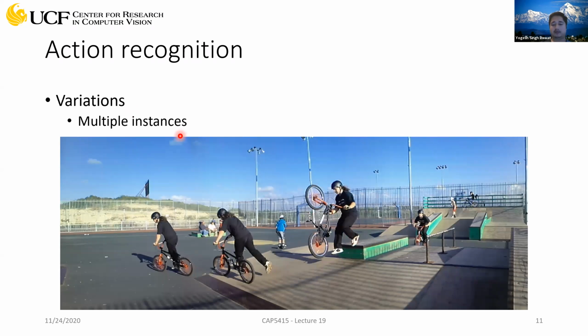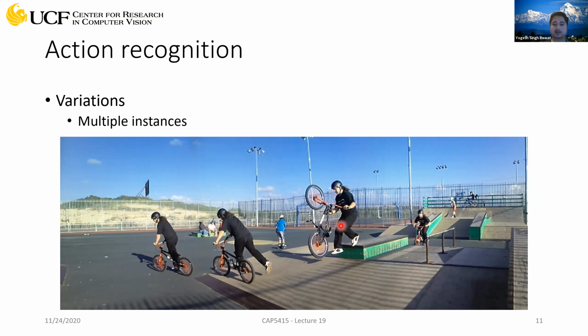Now, there can be different variations of action recognition. For example, if this is a still frame from a video and you have to identify what activity is happening, here you can see that, if we are looking at the activity of biking, there are multiple instances of biking.